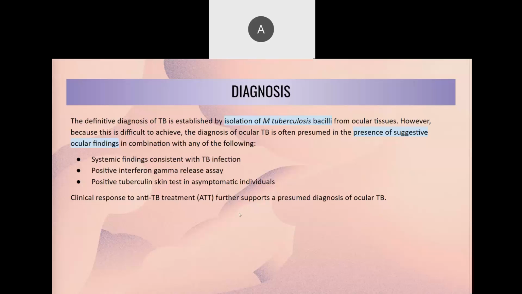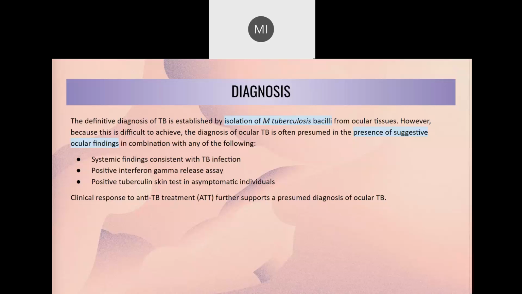Okay, doctor, thank you. So again, the diagnosis of ocular TB requires a combination of history, clinical examination, and adjunct testing. The definitive diagnosis of TB is established by isolation of Mycobacterium tuberculosis bacilli from ocular tissues, but this is not always possible. Thus, the diagnosis is often presumed in the presence of suggestive ocular findings in combination with any of the following.